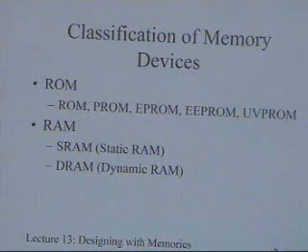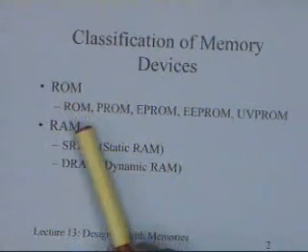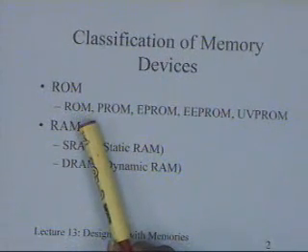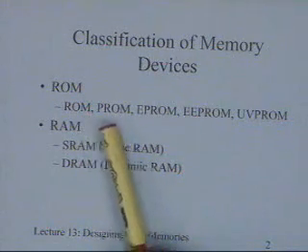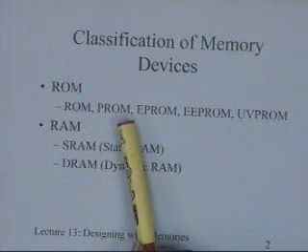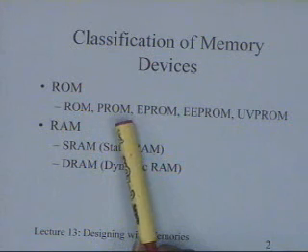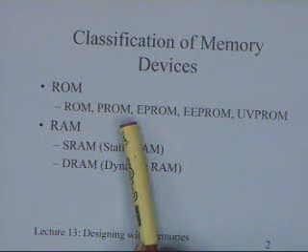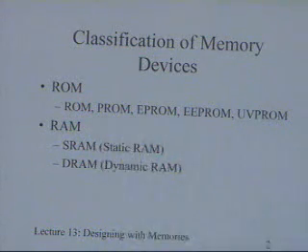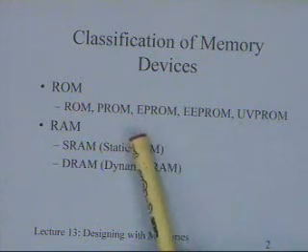But apart from that they also differ in terms of the technology, that is, how the device is going to be programmed. So the ROMs differ in terms of mask programmable, the devices which need to be programmed at the mask level and cannot be changed, and devices which are available to you in a raw form, and you can actually put whatever data you want, those are called programmable read-only memories.